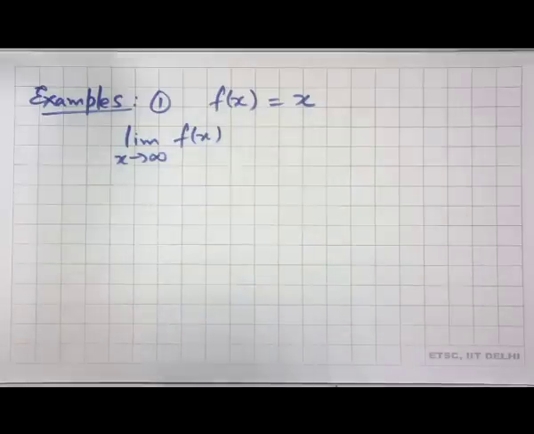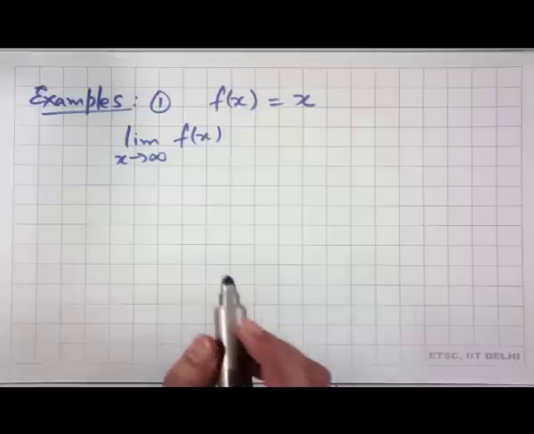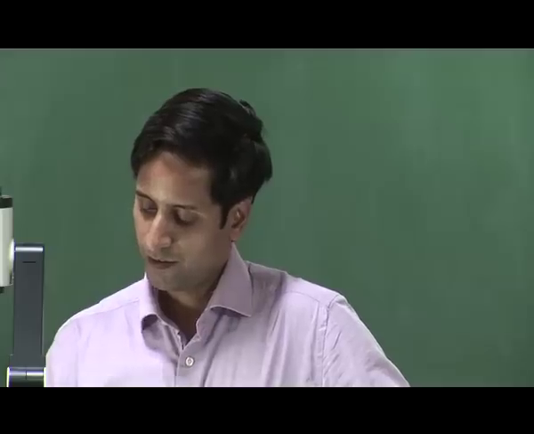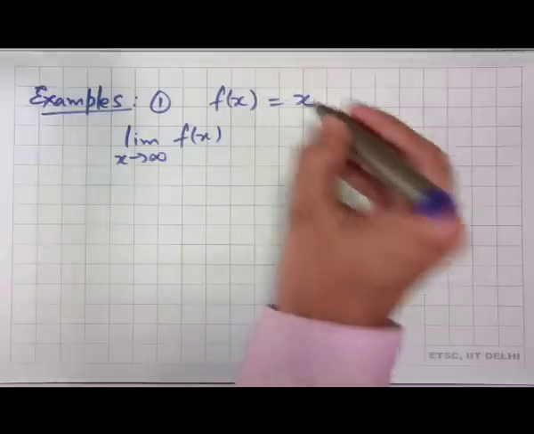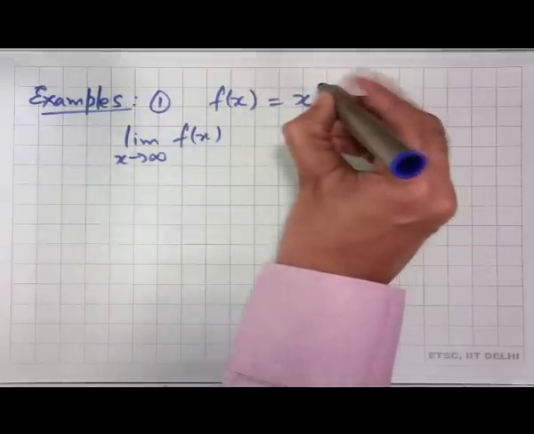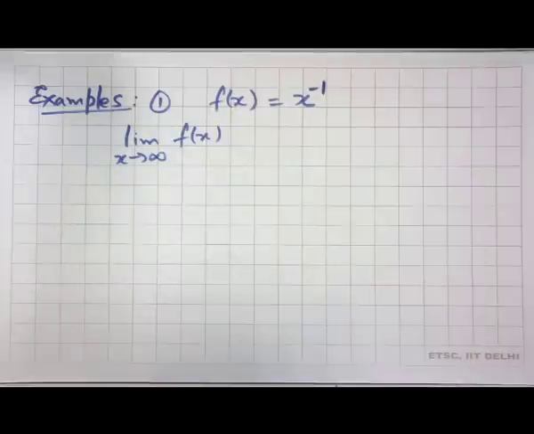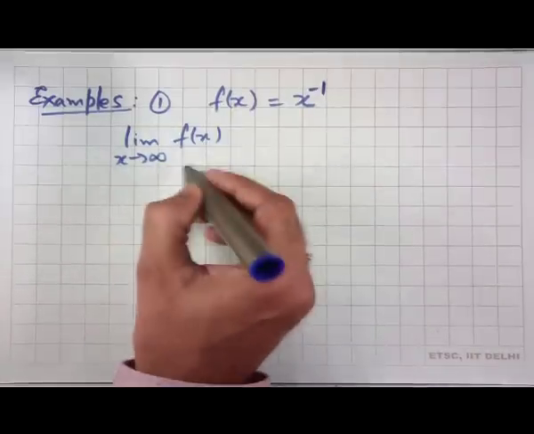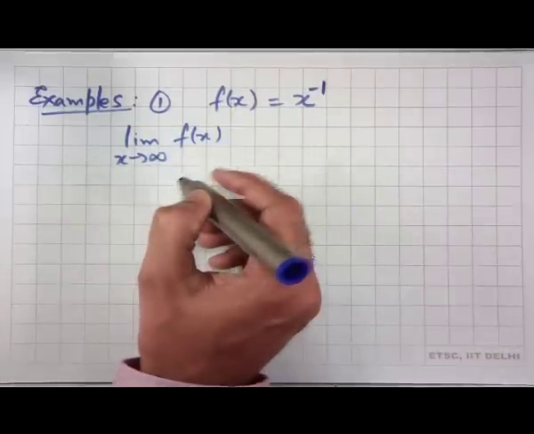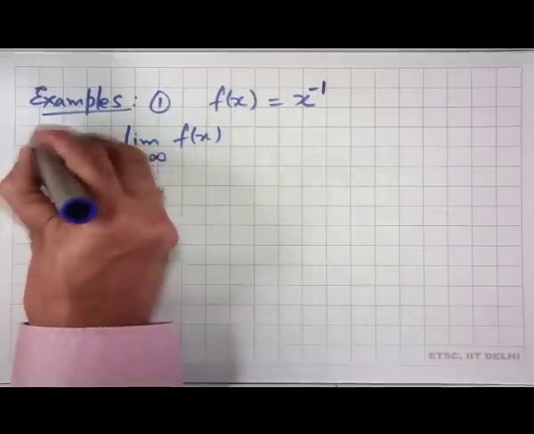Let me not write this. So, let me take f of x equal to 1 by x. So, what is the limit of f of x as x goes to infinity? Claim.